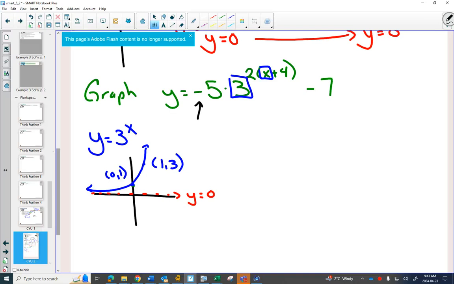If I'm labeling here, this is going to be a vertical reflection, and this is a vertical stretch. Both of those can be done at the same time. We're going to multiply our y values by -5.